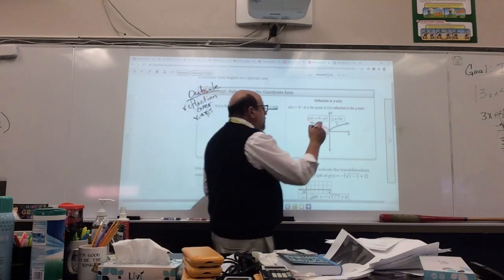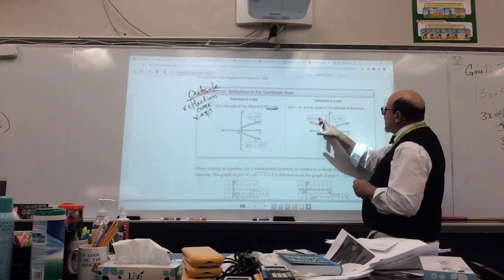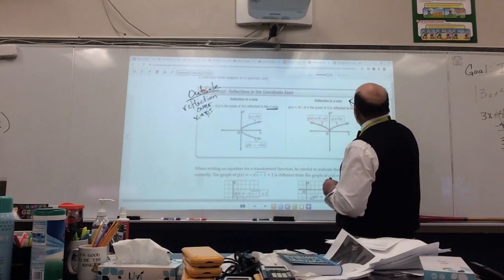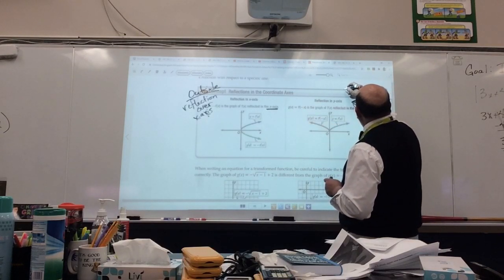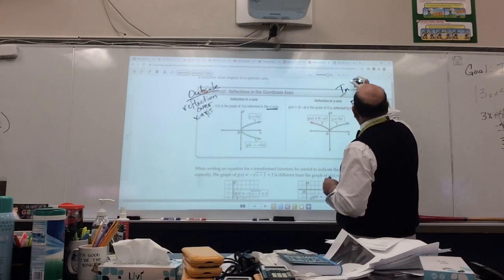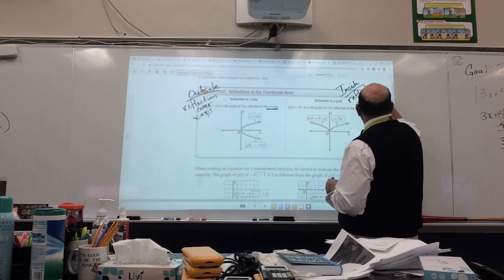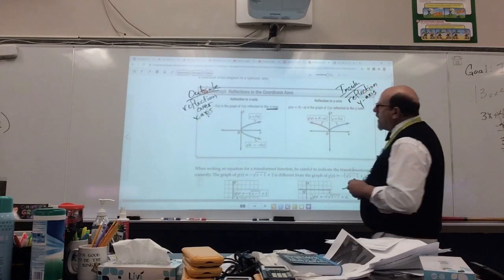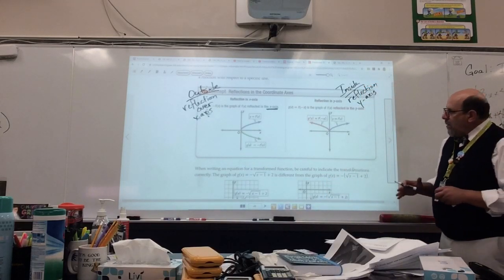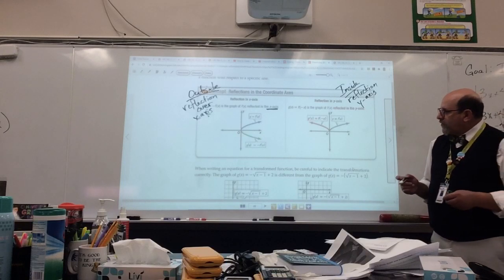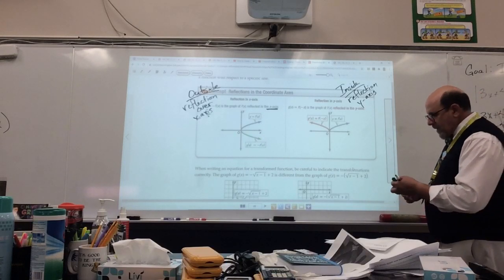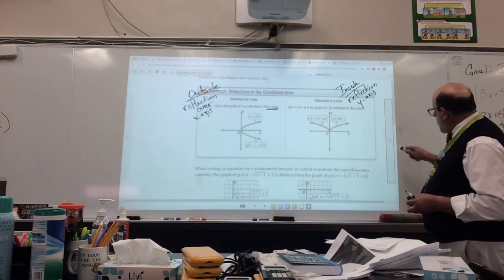And then if we're talking about some negative inside, then we're talking about reflection over the y-axis. Okay? Should be pretty self-explanatory. We'll take a look at an example of it momentarily.